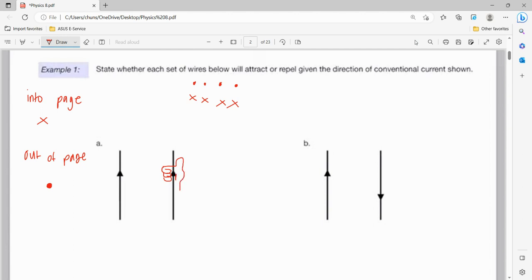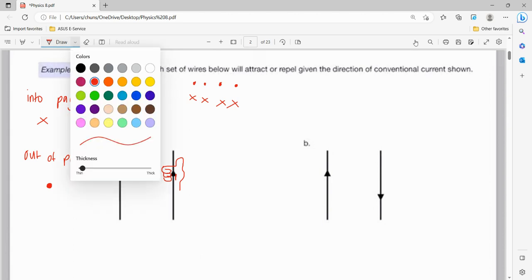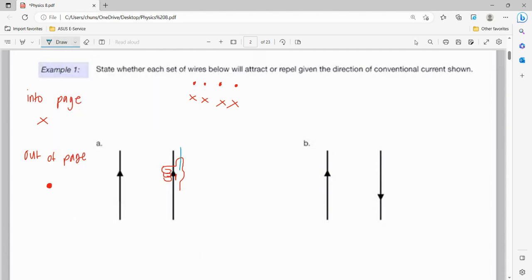Right? So if this is our right hand, our thumb points with the flow of the current, and our fingers are going to curl around. So in this case, since our fingers point into the page here and come back out here on the other side of that wire, this means we have a set of magnetic field lines that look like this, where it goes into the page, then back out of the page.